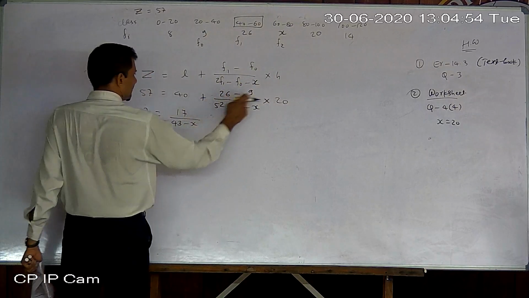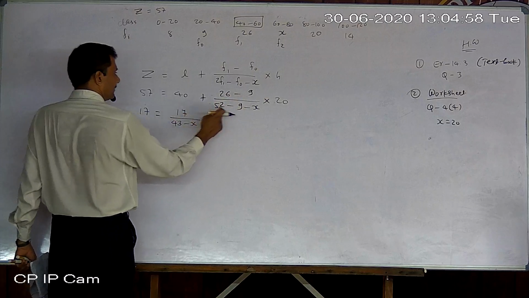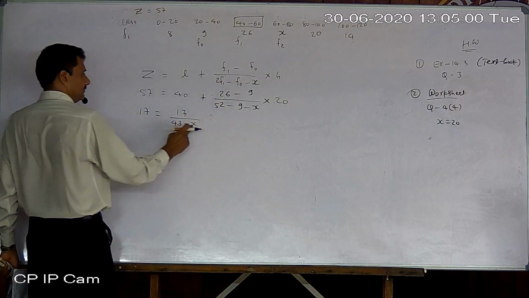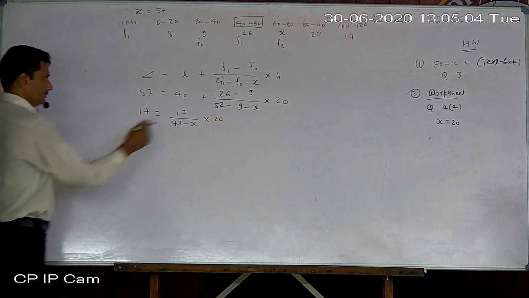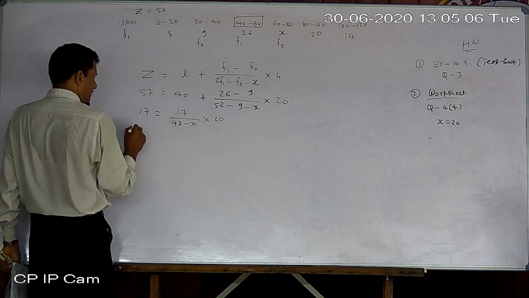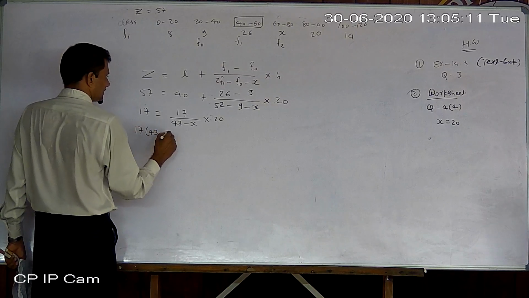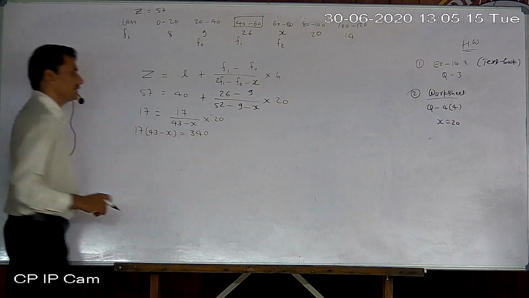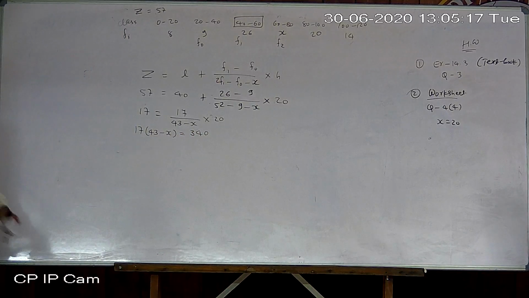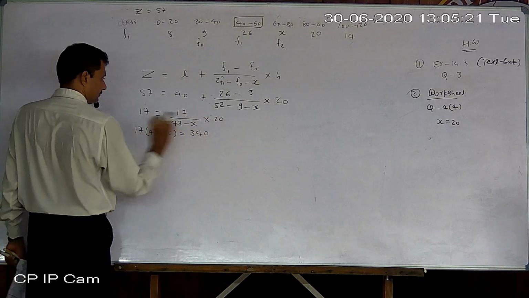Now 26 minus 9, 17. 52 minus 9, 43 minus X into 20. Now just multiply this one and shift this 17 into 43 minus X here. So 17 into 20, 340.